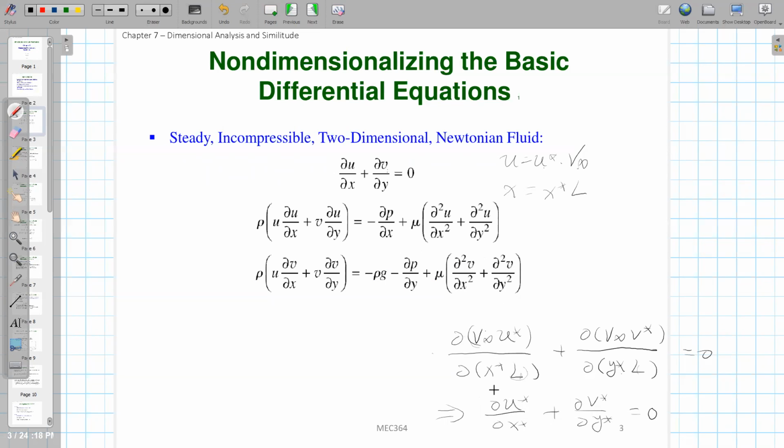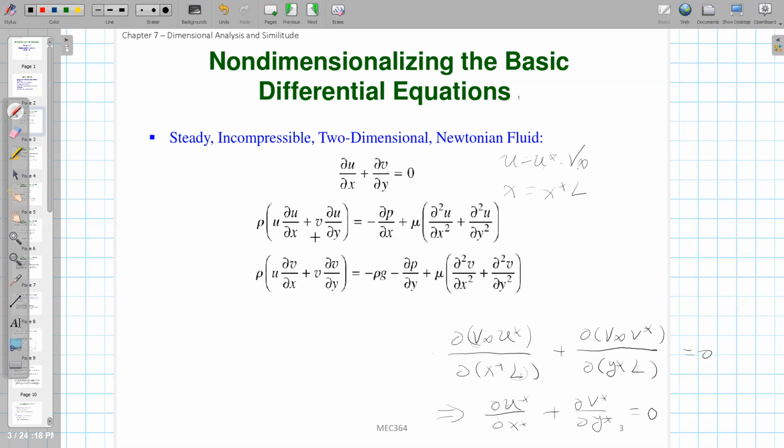The only difference is that we change the dimensional parameters to non-dimensional parameters. This is how we derive the non-dimensional form of the continuity equation.